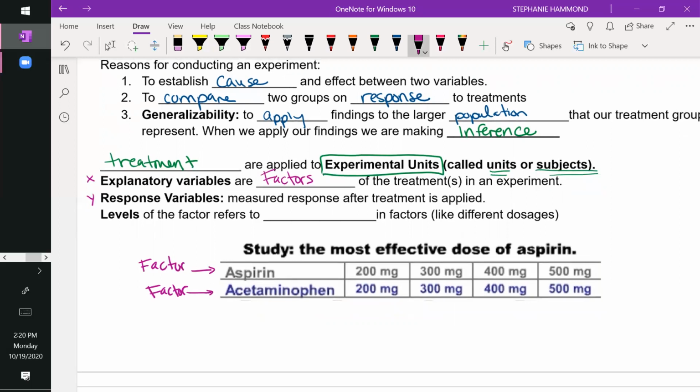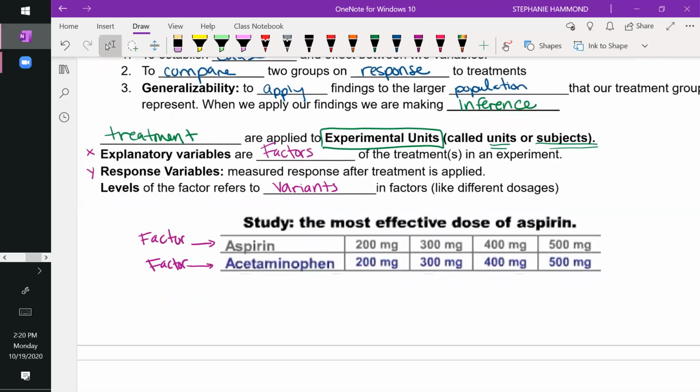A level of a factor refers to different variants in the factors. Okay, we don't always have different levels. On a lot of experiments, we could just have everybody getting one specific treatment or another. In this case, you can see the levels of our factors are actually doses of medication. So we have multiple dosages being prescribed, and therefore we have multiple levels of these factors of our explanatory variable.